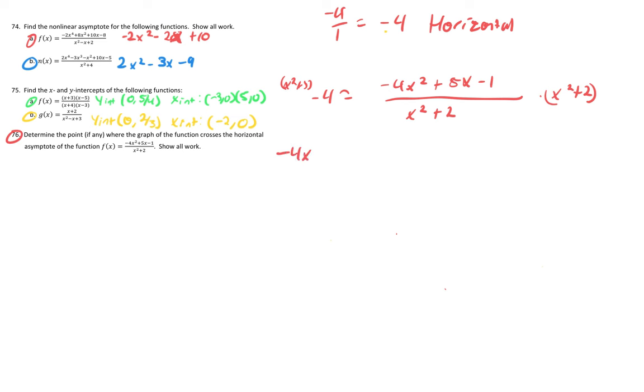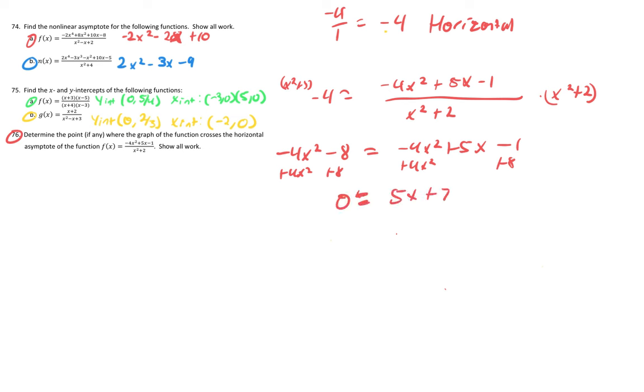Which will be -x squared minus 8 is equal to -4x squared plus 5x minus 1. We should get everything onto one side here. So we'll add 4x squared, so we get 0 is equal to 5x plus 7.